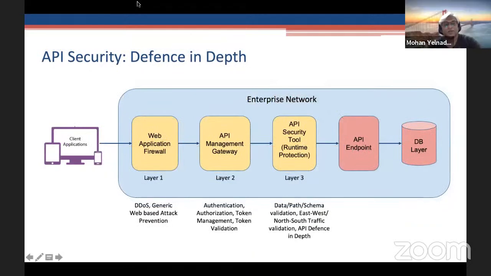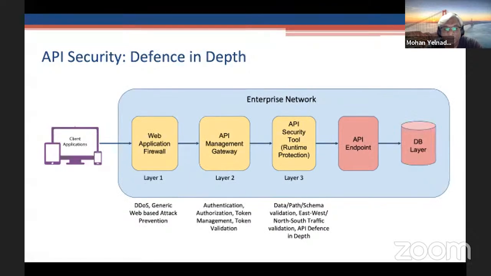Here we're talking about how, in the last slide I talked about, at the API management gateway level there are a lot of functions that, as it has evolved, it takes care of, like the developer portal, the services, as well as the gateways, as well as a part of API security.